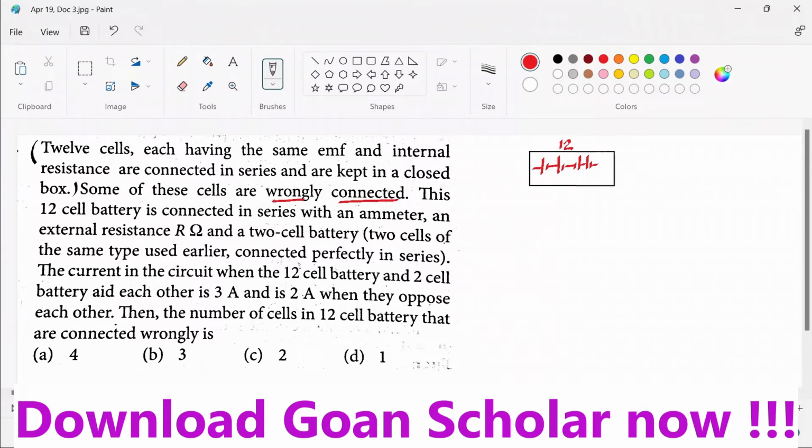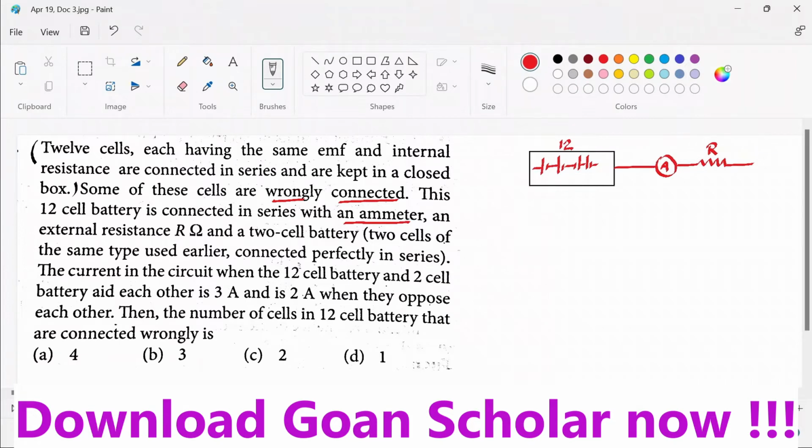Now this setup, this 12 cell battery, is connected inside a box. This is connected in series with an ammeter. So let's connect an ammeter over here. We'll go very slowly in this problem because this is important. The ammeter tells you the current, and there is an external resistance R. So let's connect an external resistance R, and a 2 cell battery.